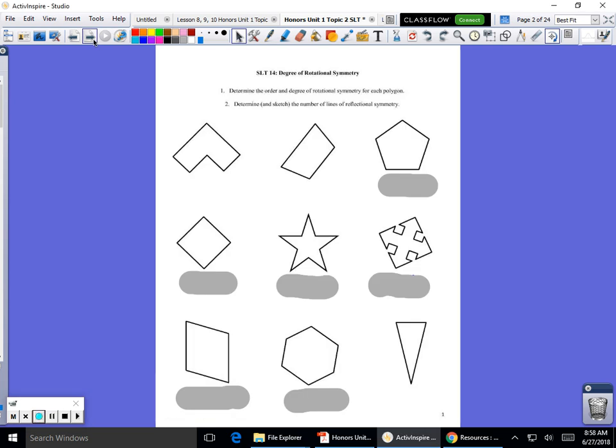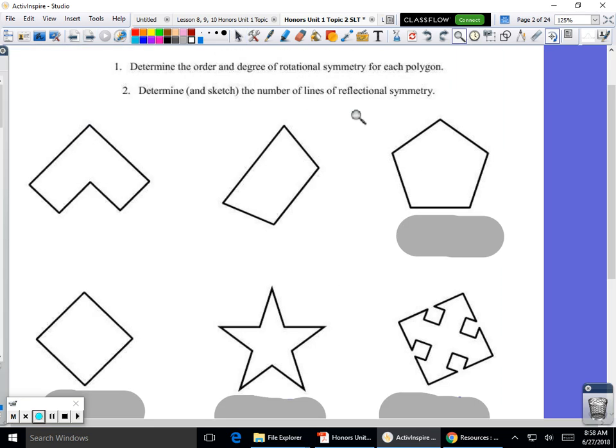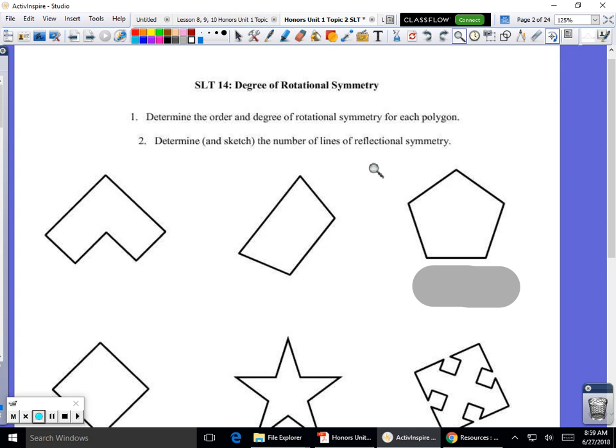All right, so the first question here is we want to look at degree of rotational symmetry. Determine the order and degree of rotational symmetry for each polygon. So what does this mean?